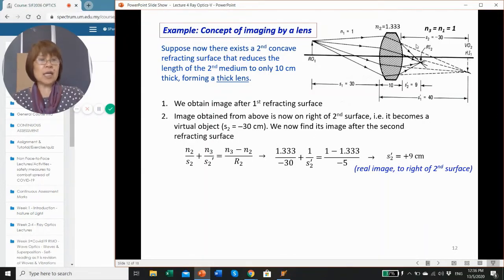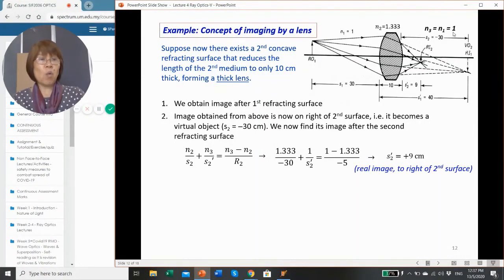Now, though the second object is on the right side, when we consider the refractive index of the medium, it is the one before this refracting surface, so that's why we use 1.333. But the distance for the second object is negative, so we substitute a negative here, because it's on the right side.